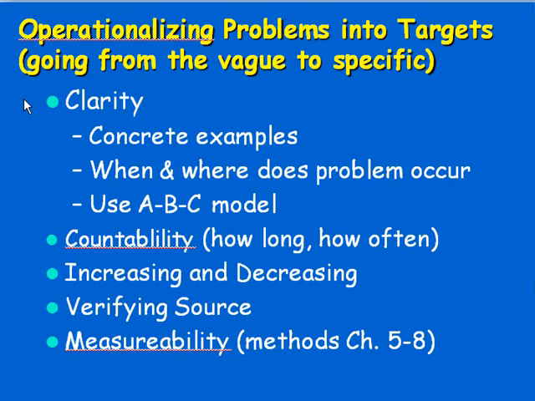And then finally, ways of going from the vague to specifics. It's important to pick out a method that you're going to measure whatever behavior is troublesome, and we'll talk about those methods in chapters 5 through 8.